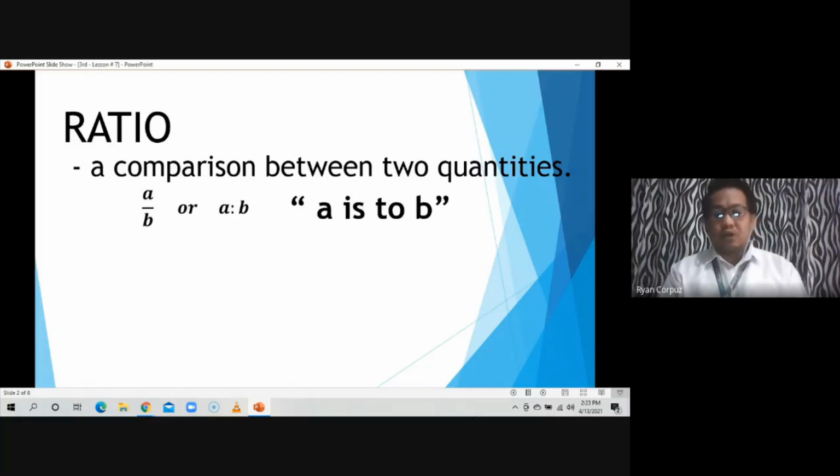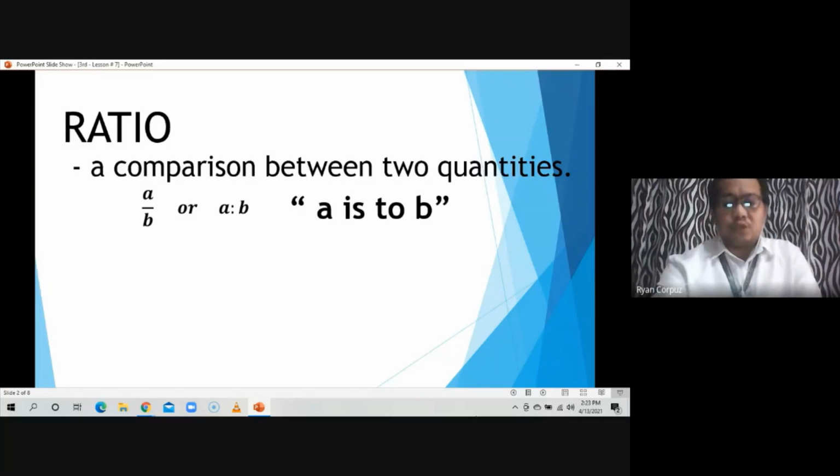So again, ratio can be written in two different ways. You can write it in fraction form, and we can write it in colon form. Just like yung pangalawa natin, which can be read as A is to B. So every time we are seeing a fraction, that means we are pertaining to ratio.